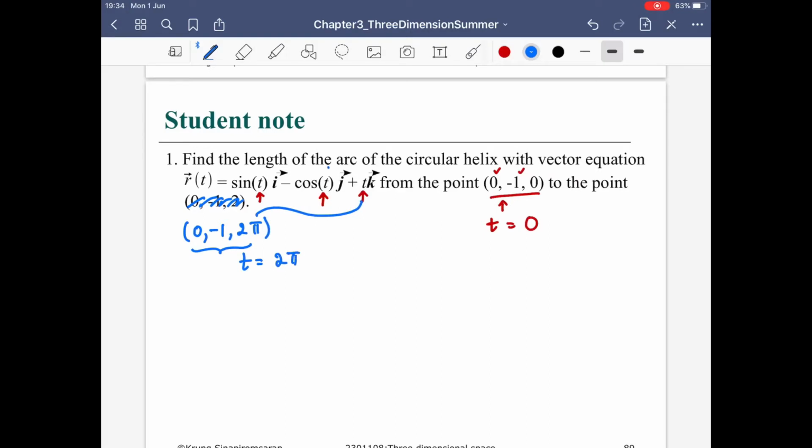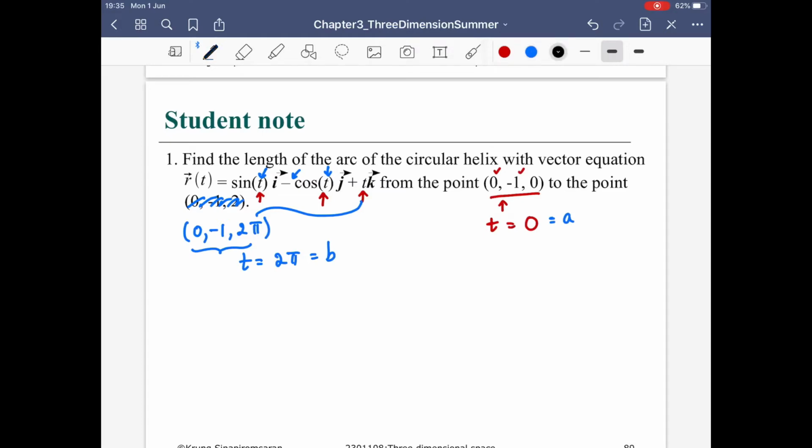To check it, plug in 2 pi: the cosine of 2 pi is simply 1, so you get negative 1 here, and the sine of 2 pi is simply 0. So this is the a and the b: you need to find the length from 0 to 2 pi.